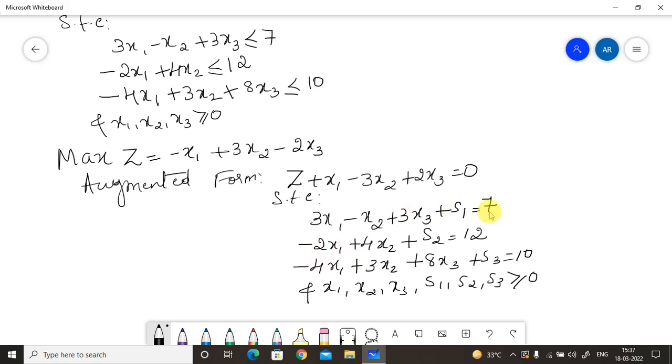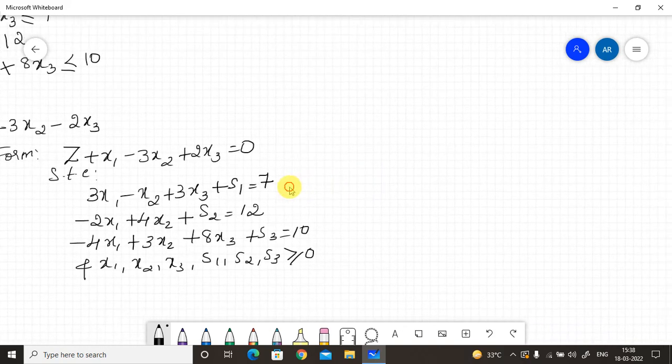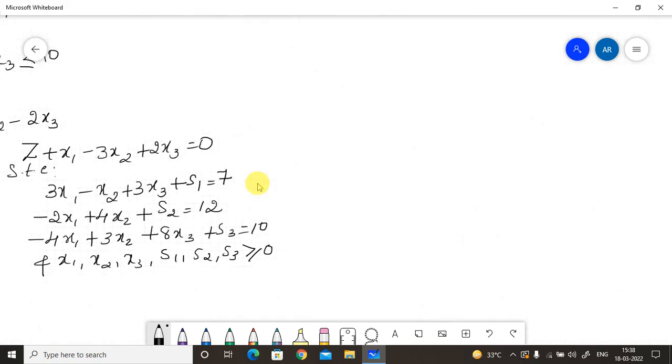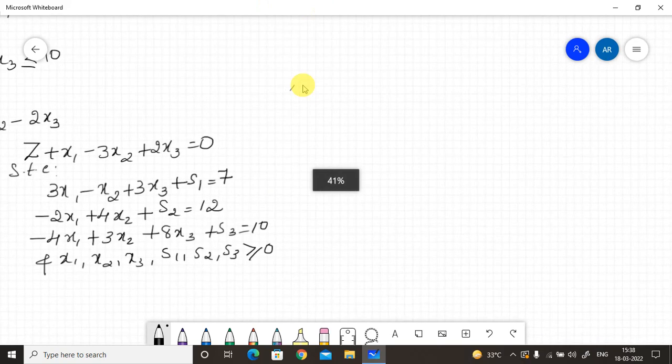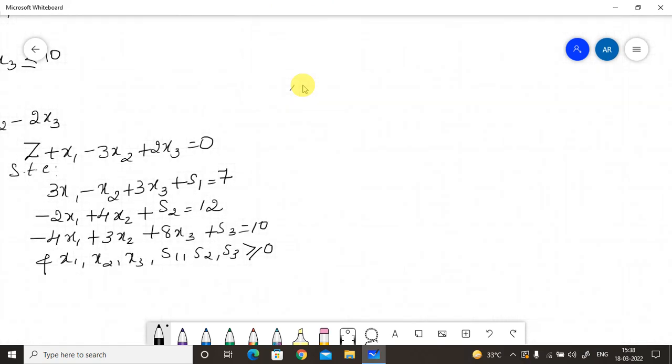Now considering these values, we have to solve the simplex method using the tabular method. Let us take all these basic and non-basic variables as the columns. The columns are x1, x2, x3, s1, s2, s3, then z, RHS and ratios.